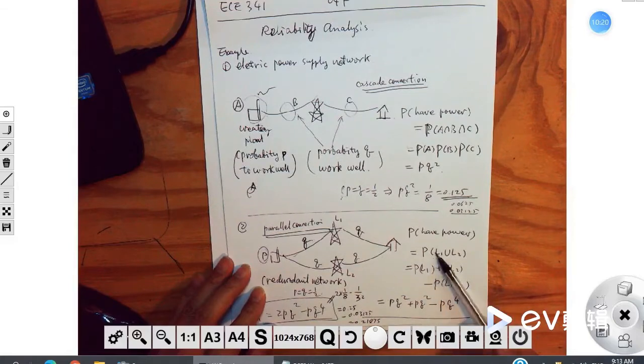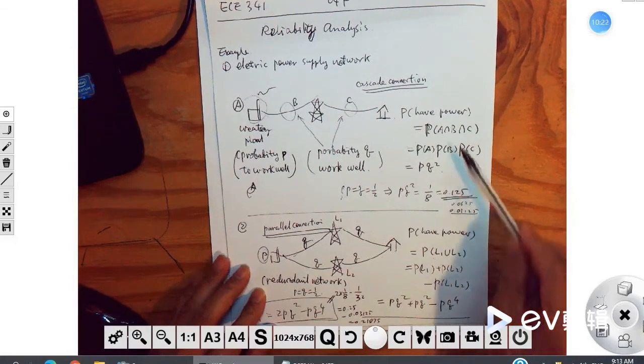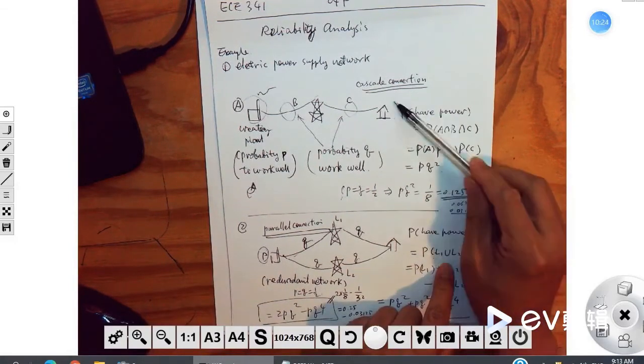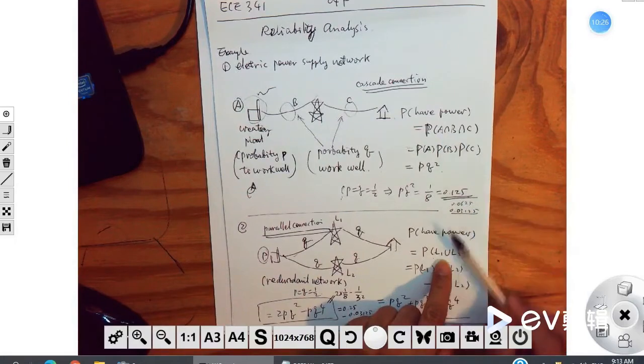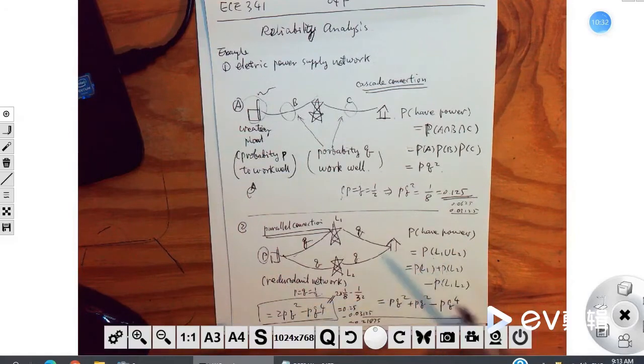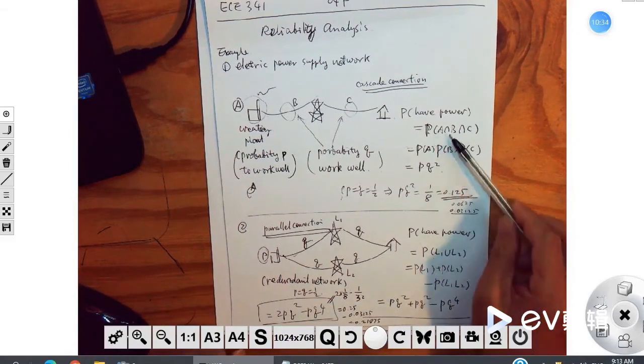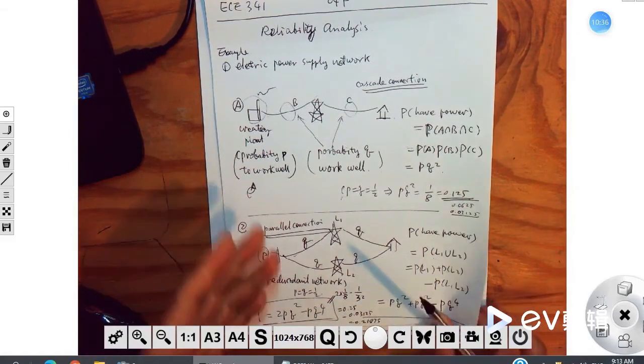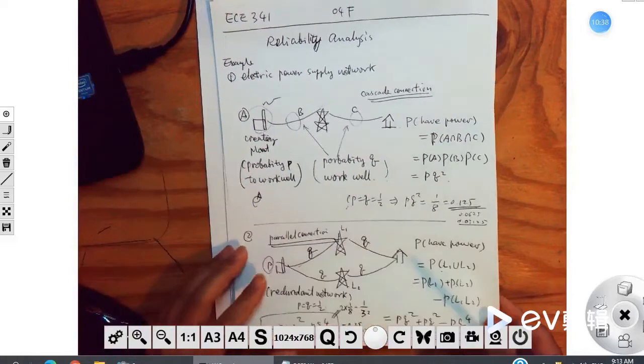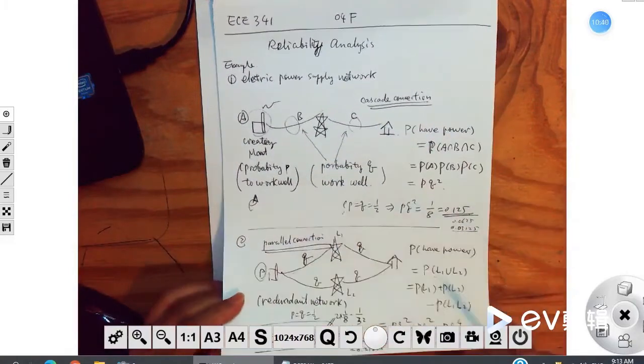So you need both. It is a union. You see, this cascade connection here is an intersection, and the parallel connection, this is a union. When you connect calculation, you need to use both, depending on how you build the whole thing.